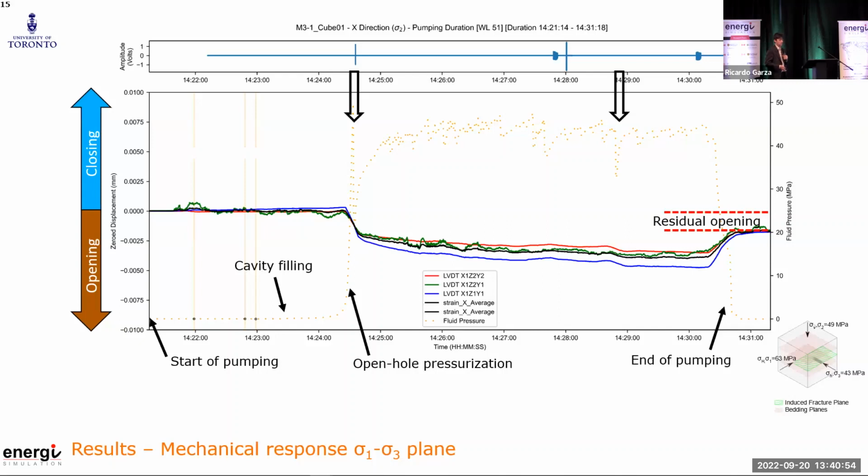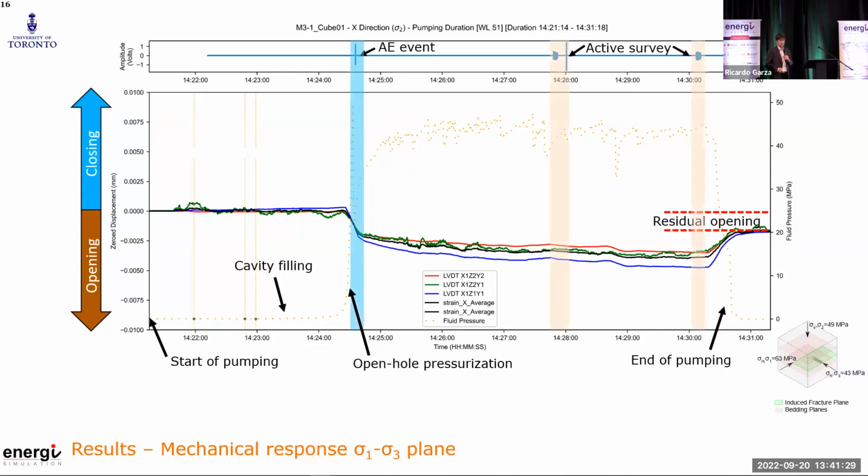Probably this cube has not read the textbook, or maybe the textbook is wrong. What is interesting also is that at the end of the test, there was clearly a residual opening that was left. And generally, residual opening means that some shear took place, and that residual opening is an indication that some shear displacement took place, despite no shear stress being applied.